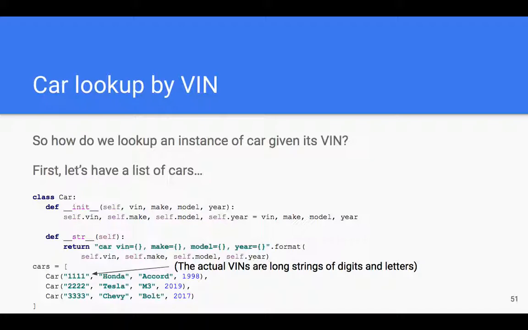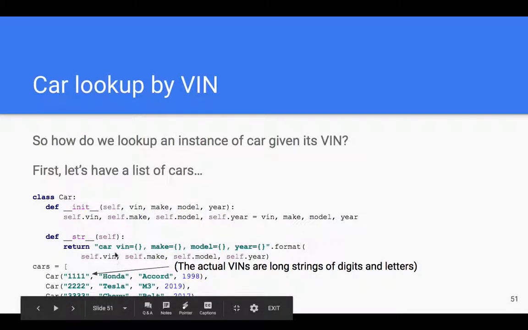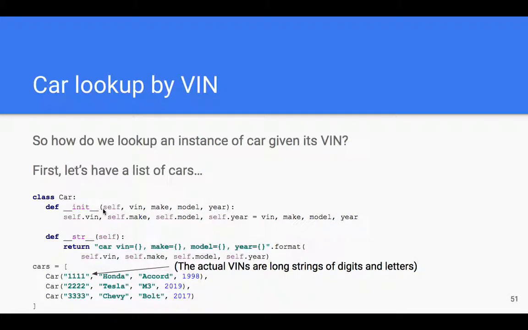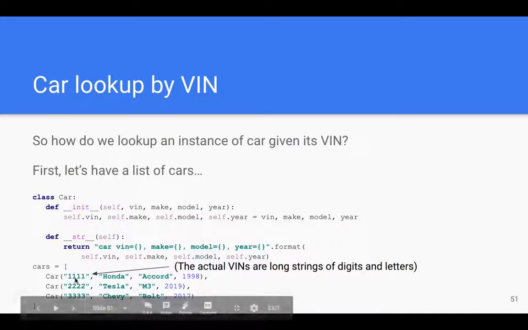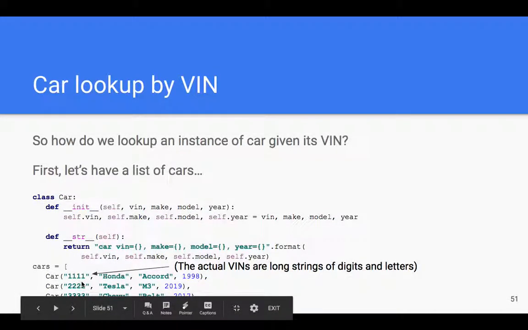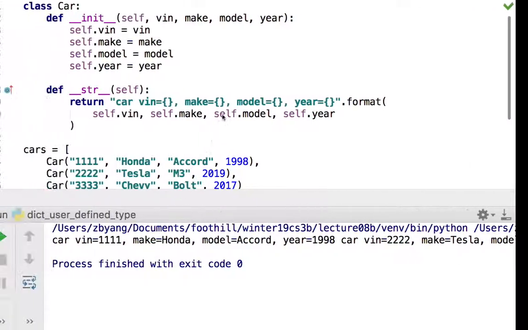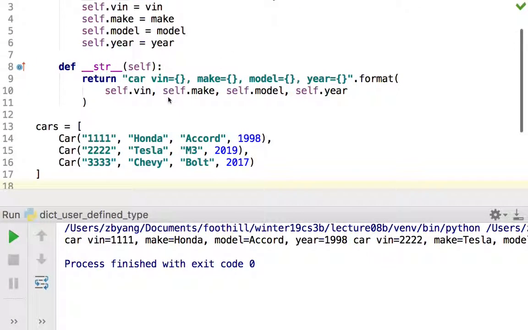First, let's have a list of cars. This is a skeletal definition for cars that we saw last time. And then we create 3 cars here in a list. So I pretty much have it here.